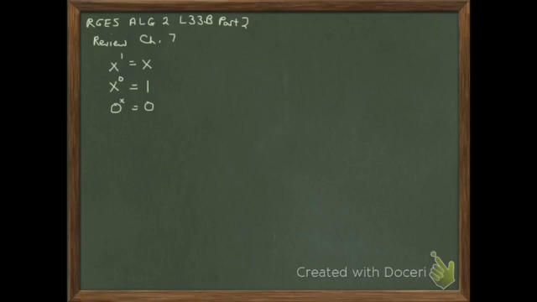And 1 to any power will always equal 1, because 1 times 1 times 1 times 1, doesn't matter how many times, will always equal 1. So these are my 4 basic rules. Special rules. These are the special rules.